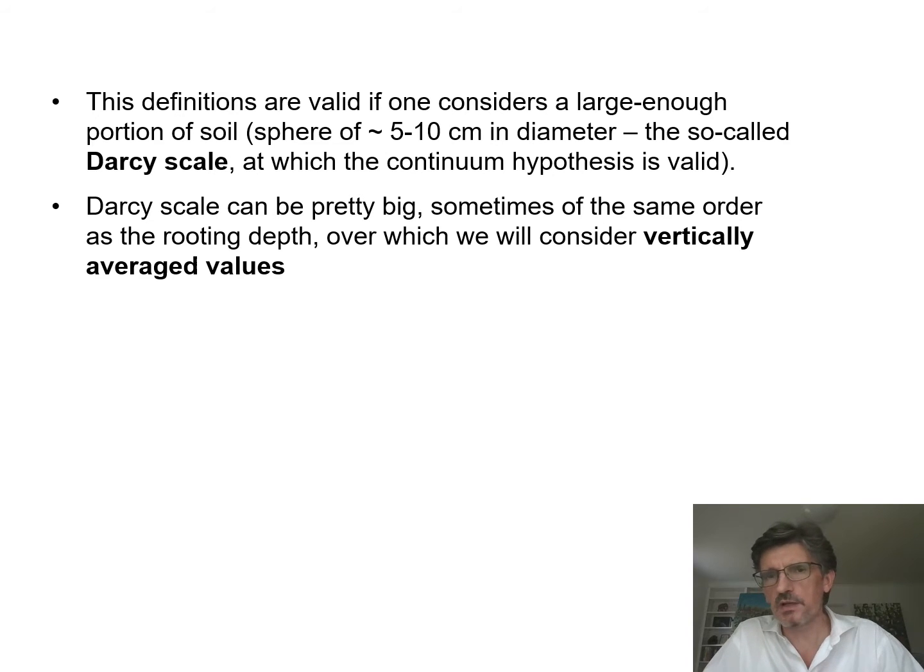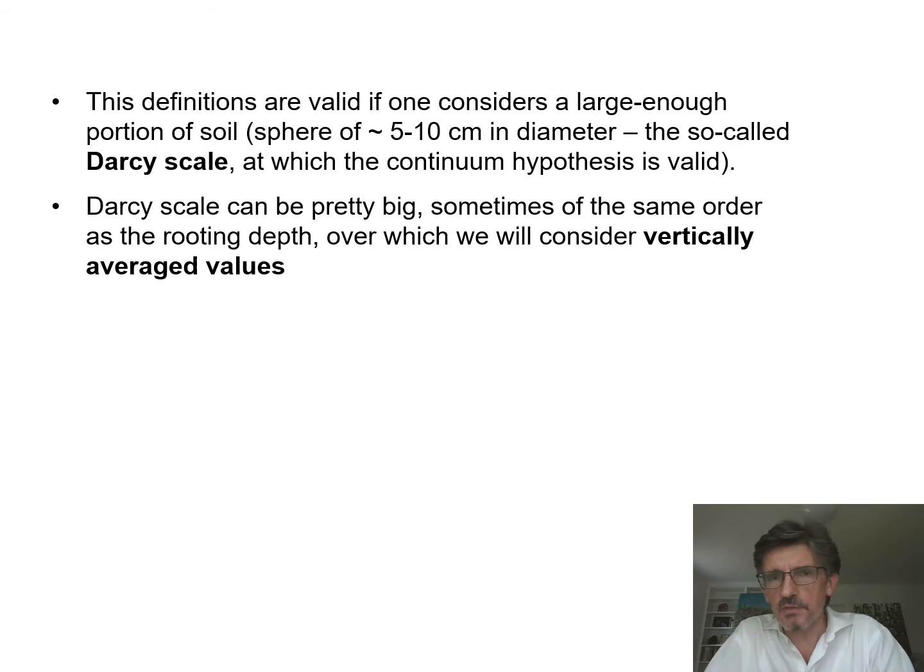It's typically a sphere or whatever blob of volume you want to consider, that is 5 to 10 centimeters in diameter or something like that. And this allows us to apply the continuum hypothesis. After averaging in space around this volume at every point, each point can be given a value of porosity, of soil volumetric content, and so on.